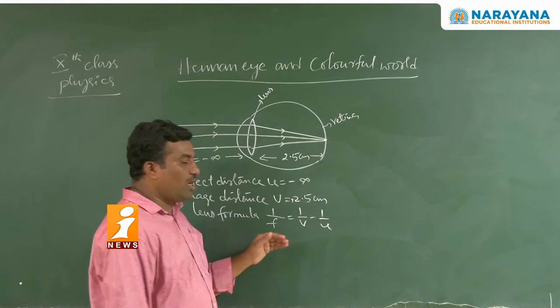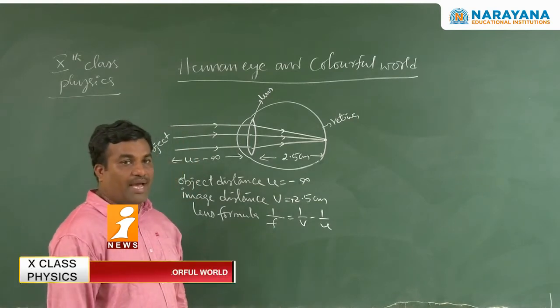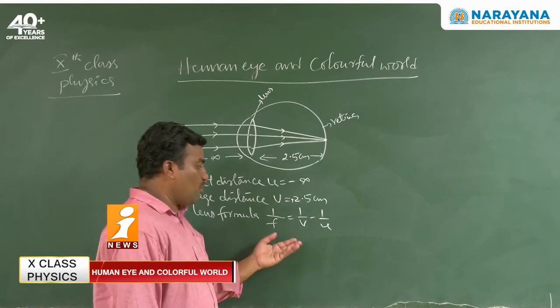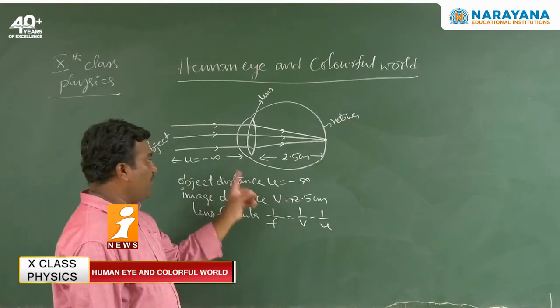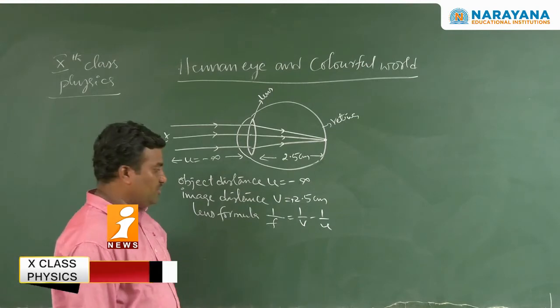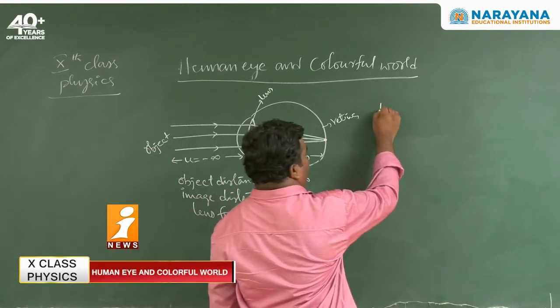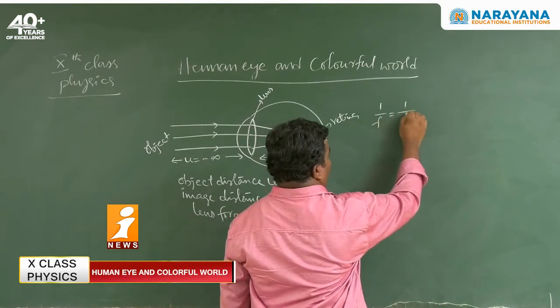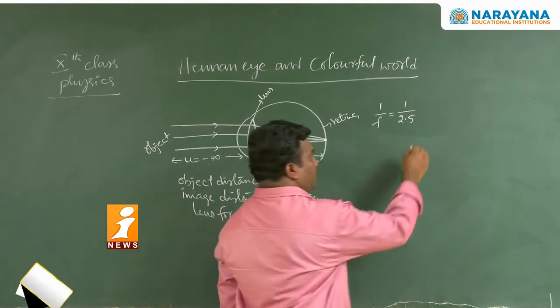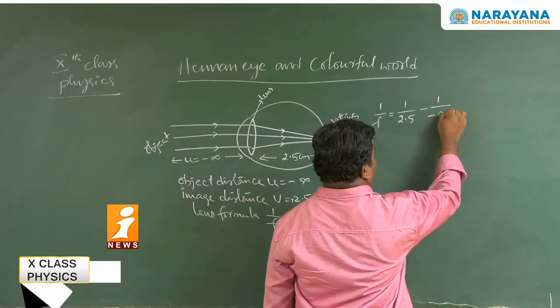Okay, now we are finding the focal length. Maximum and minimum focal length we have decided. How are we getting the maximum, how are we getting the minimum? Based on focusing on the long distance object. So now 1 by f is equal to 1 by v, that is 1 by 2.5, minus 1 by minus infinity.